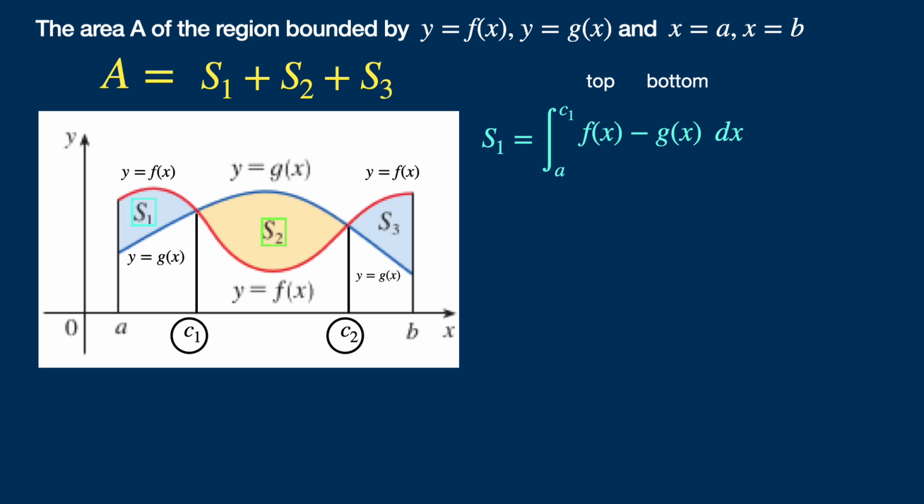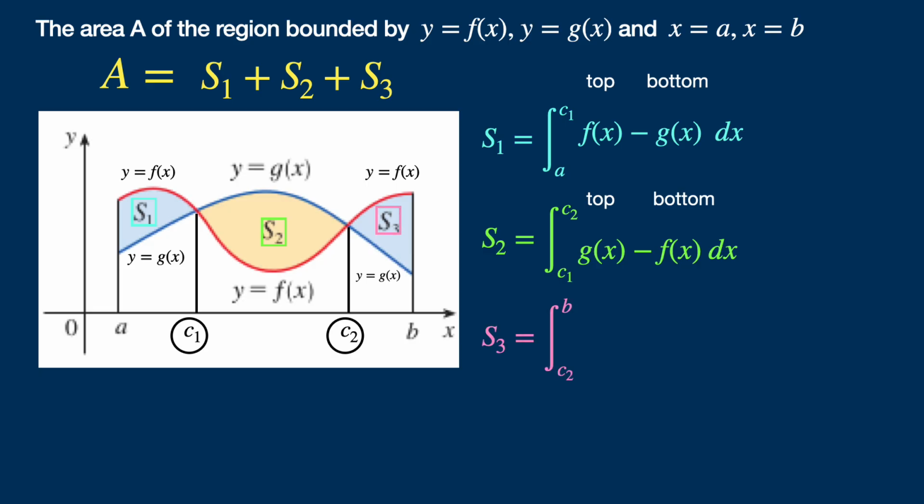The area of S2 is the integral of x from C1 to C2. The top function is g of x, and the bottom function is f of x. So that's how to find S2. For S3, see that interval? C2 to b, the top function is f of x, the bottom function is g of x, dx.